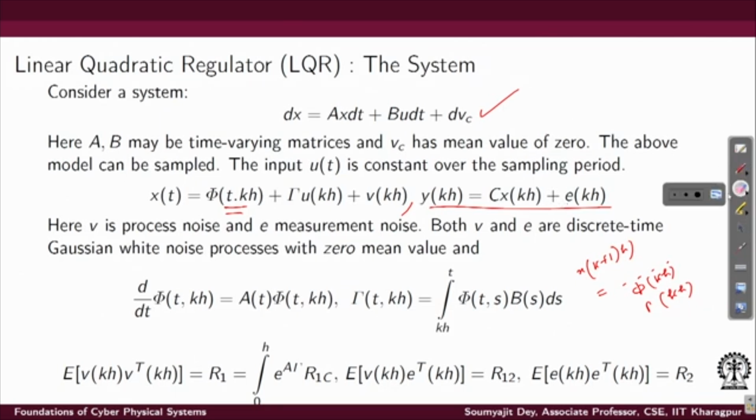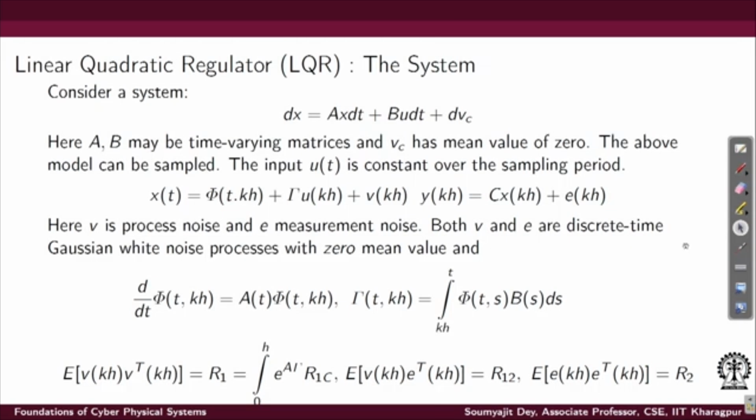For both we will assume that they are Gaussian noises with 0 mean. And we will have these usual relations between phi and A and gamma and phi, etc. Also, how do I parameterize these noise signals?